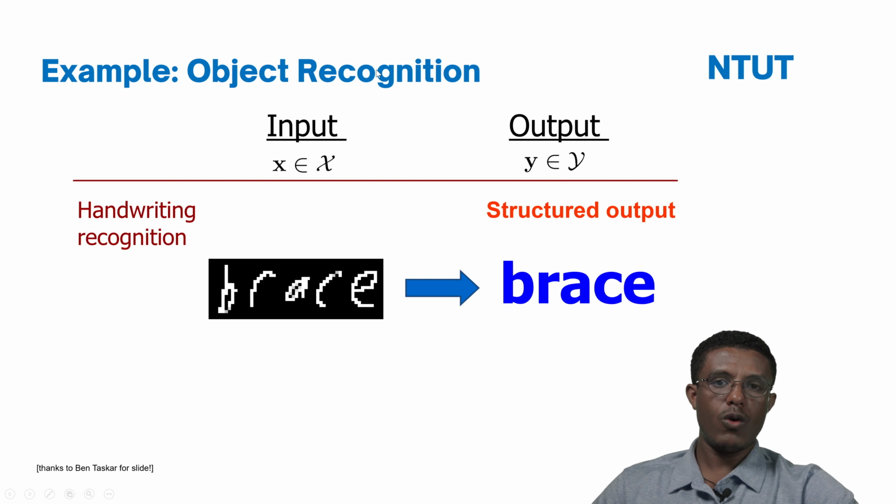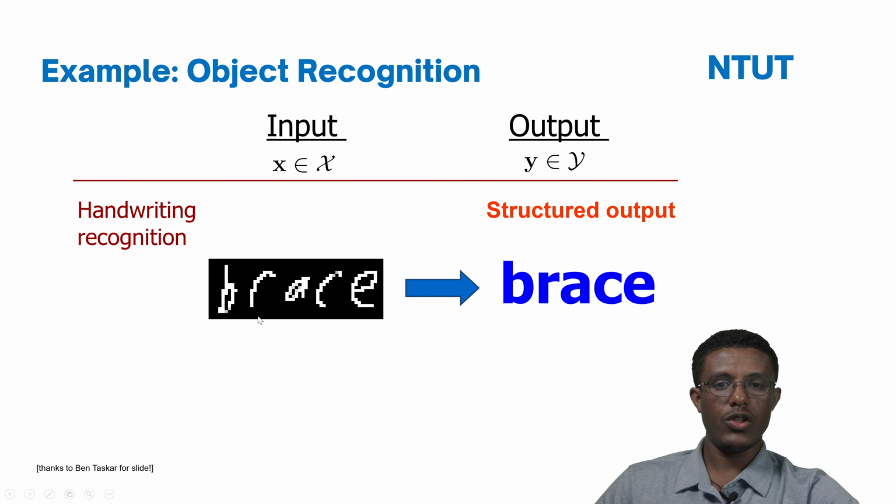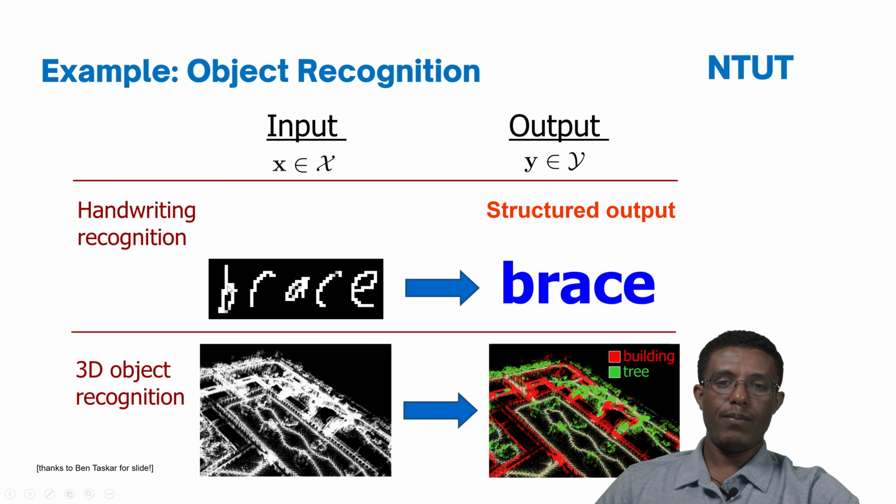In object recognition also, for classification, this one is handwriting recognition. Maybe this is difficult for humans to understand, but the machine can really understand it. When you give this as an image, the structured output is displayed by the machine, which is called brace. The other application of classification is 3D object recognition.